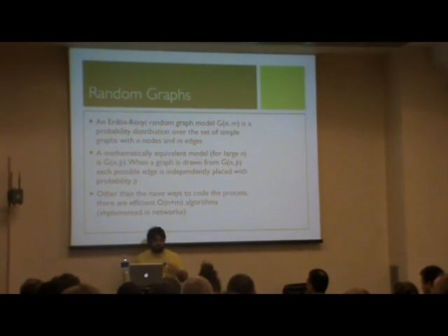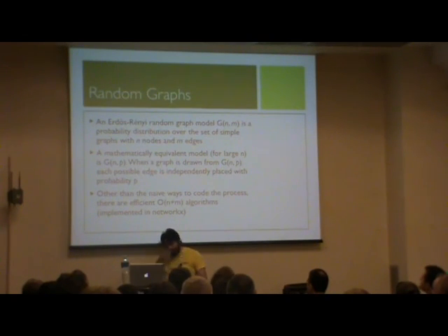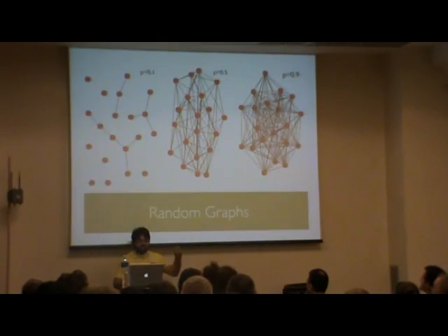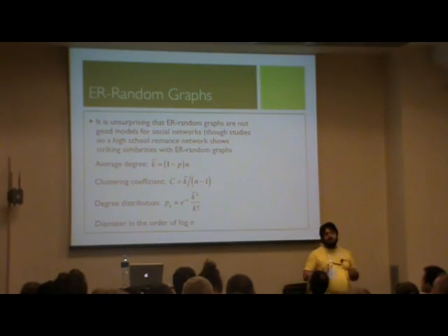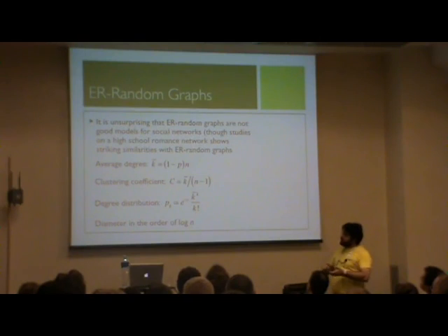So when we say that the social network has a high clustering coefficient, we mean that it has a clustering coefficient orders of magnitude larger than those of a random graph. And these are some properties of a random graph, which can be just computed by analytic computation.